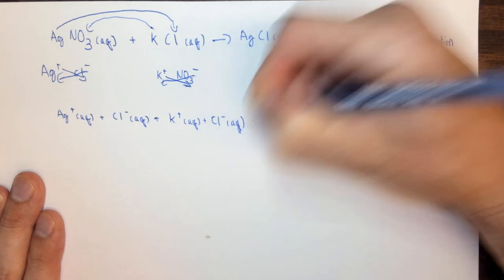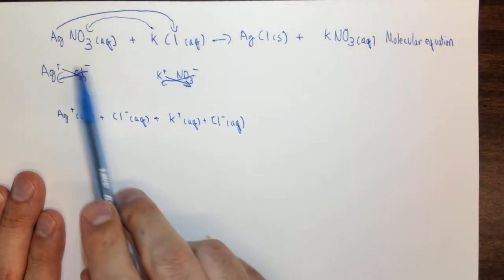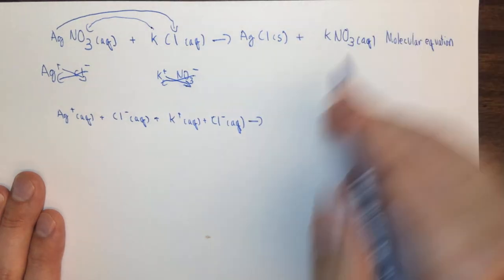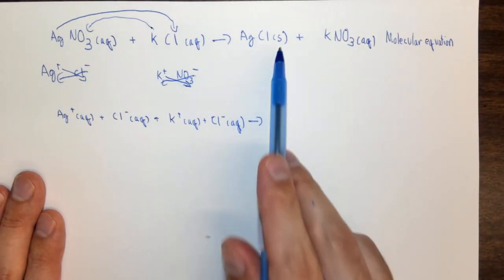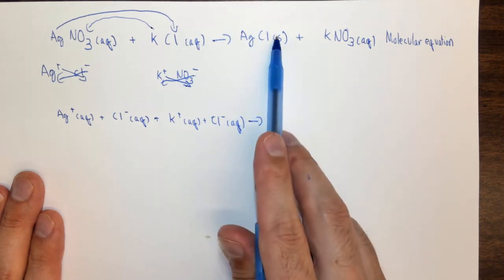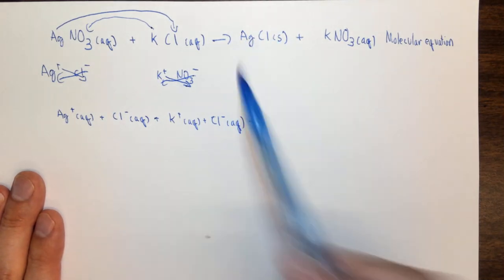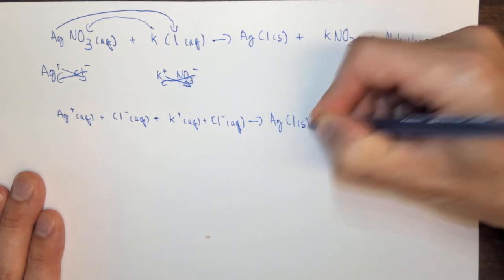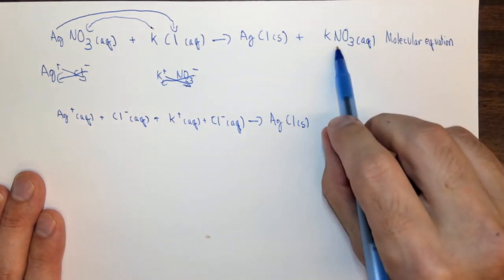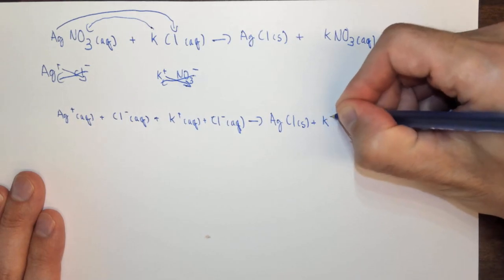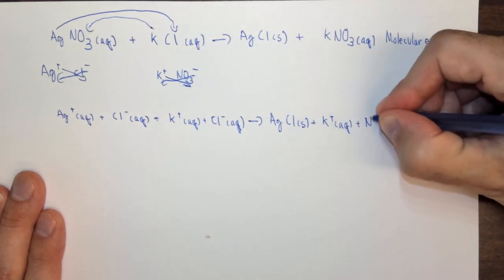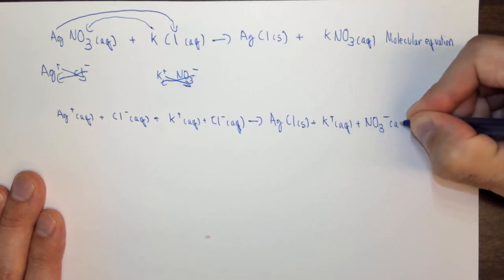And again, these break up because the solubility rules tell us that these are soluble compounds. And this will form AgCl solid. This does not break up into its ions because this is not soluble in water. So we end up with AgCl solid. This one does break up, plus K plus aqueous plus NO3 minus aqueous.